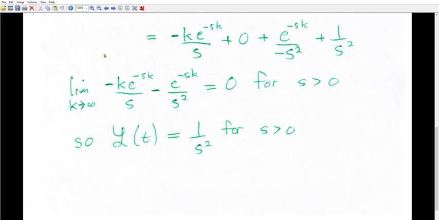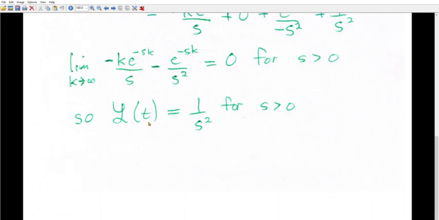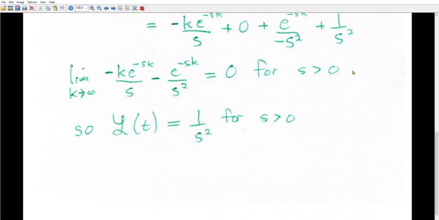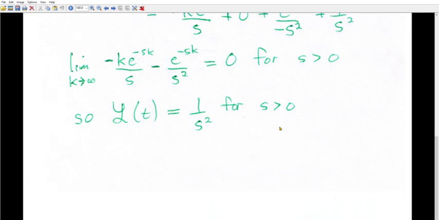The point here is that when s is bigger than 0, this is a negative exponential and that's a polynomial. Negative exponentials overpower polynomials, so this limit is 0. If you don't believe that, you can go back and do a L'Hopital's rule sort of deal. We've already seen that this limit is 0, as long as s is bigger than 0. And that means that our Laplace transform for t is just the one term that's left, which is 1 over s squared, and it's true for s bigger than 0.